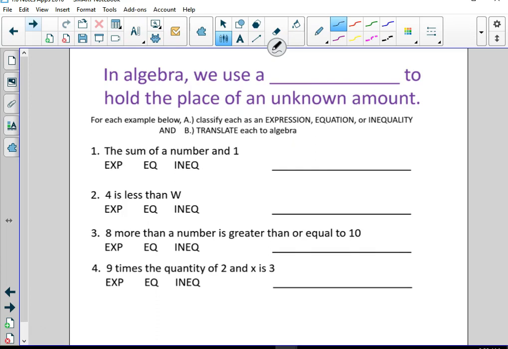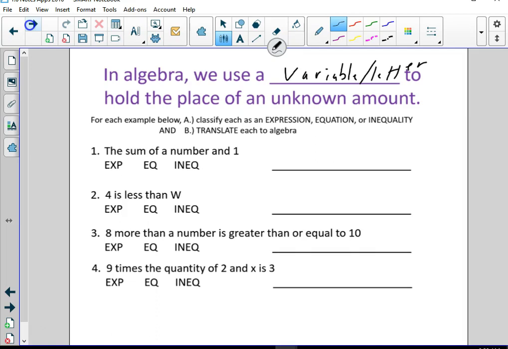Okay, in algebra, we use a variable or a letter, whatever you want to say, to hold the place of an unknown amount. We don't know what it is, we just put an X in there, or a Y, or a Q. Okay, so again, for each example below, classify as an expression, equation, or inequality, and translate it into algebra.